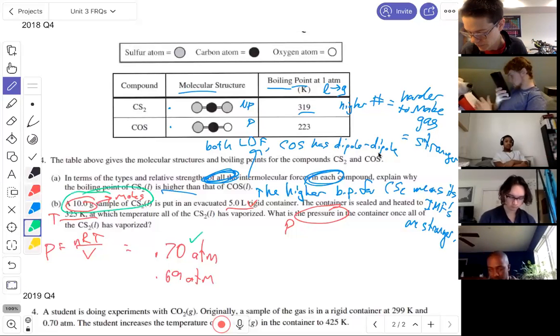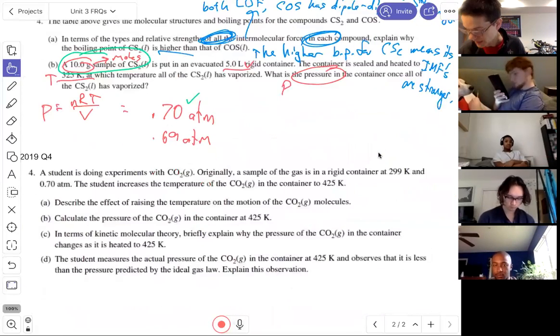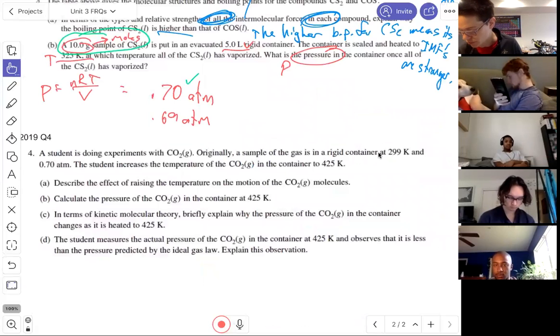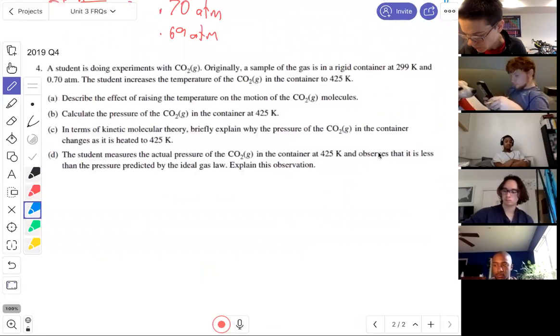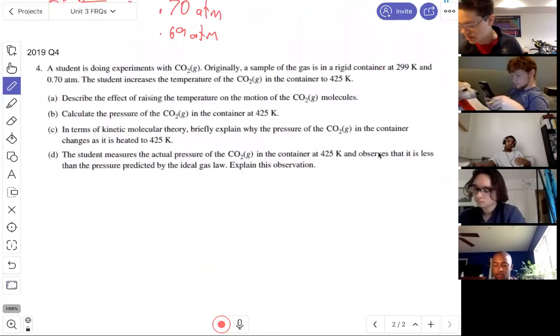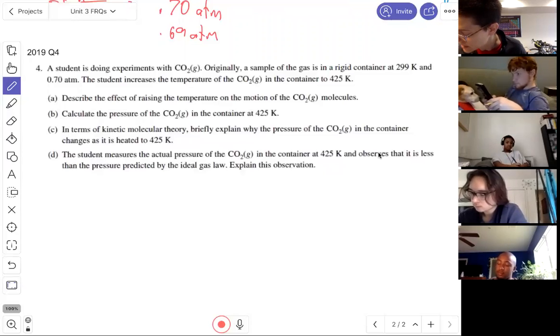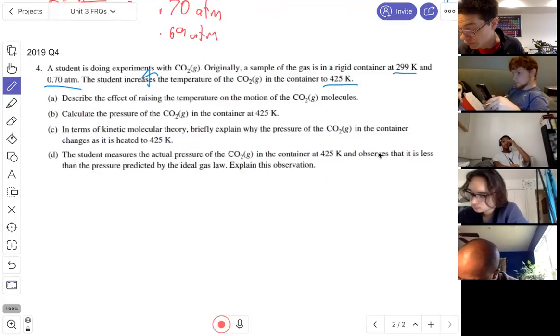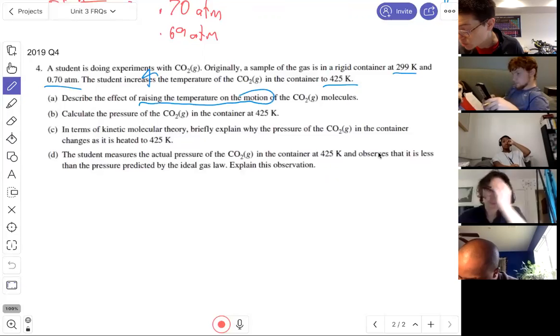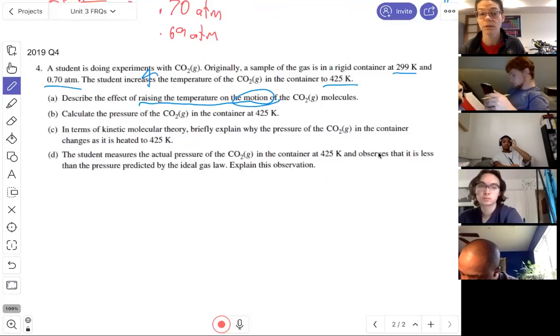So there we go. Okay, so the last question is also a question 4 from last year's test. Students are doing an experiment with CO2. Originally, a sample of this gas is at 299 K and 0.70 ATM. The student increases the temp to 425 K. Describe the effect of raising the temperature on the motion of those molecules.